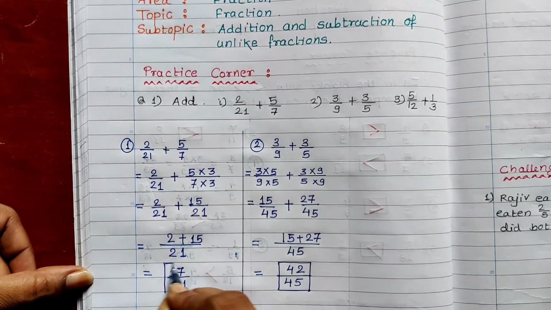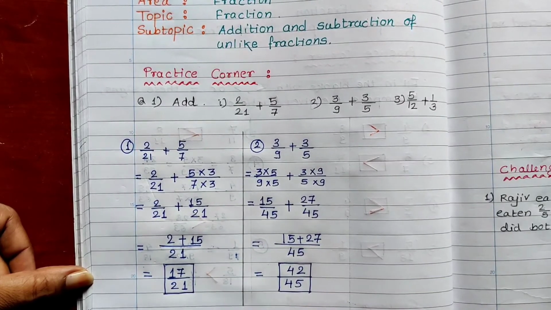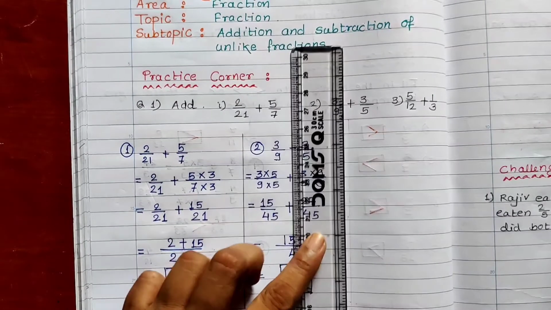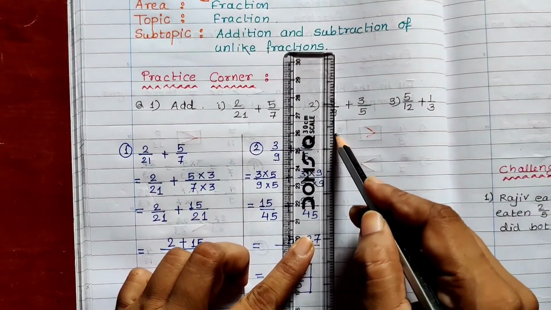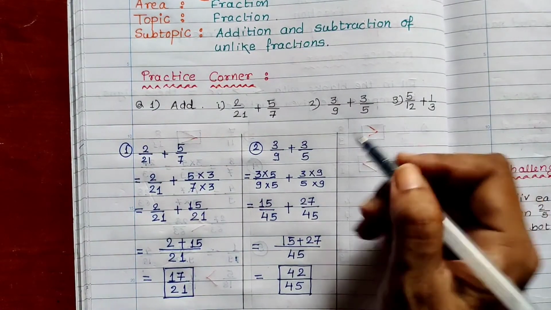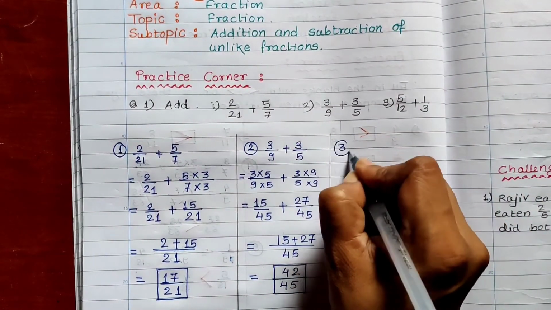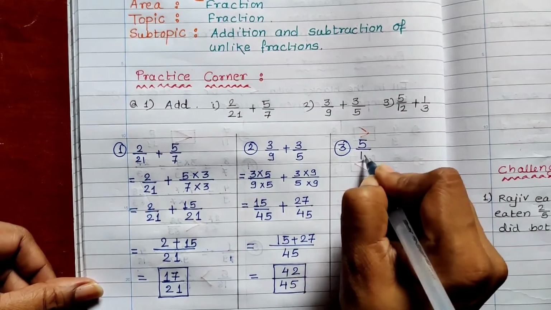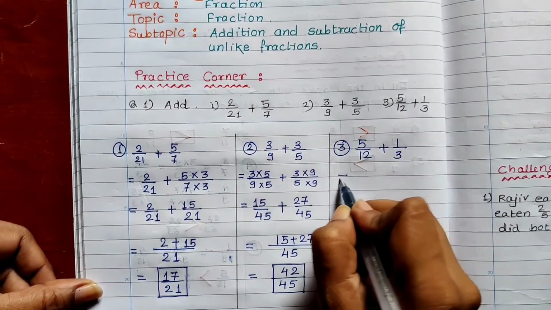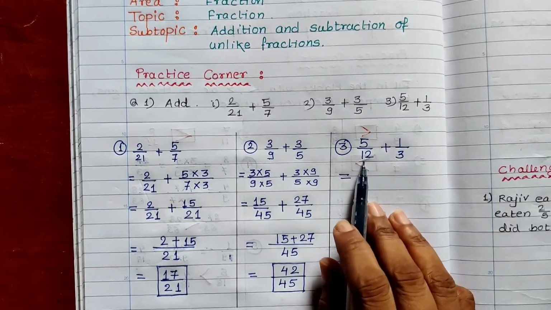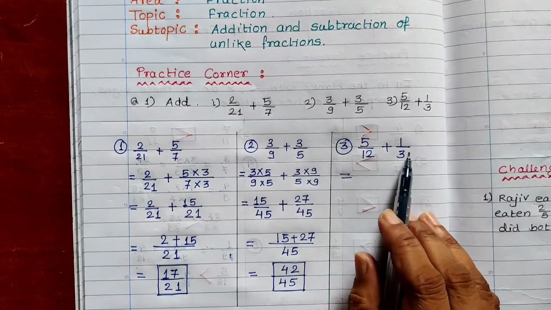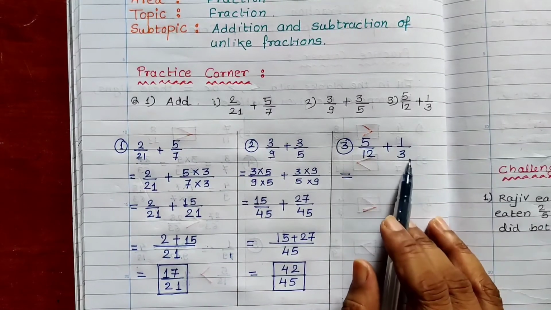In this way we are getting the answers. Now let us solve the third sum. See, in the third sum we have 5 upon 12 plus 1 upon 3. See children, again in this question 12 is in the denominator, so it becomes easy to make the denominator of the second fraction 12. How?